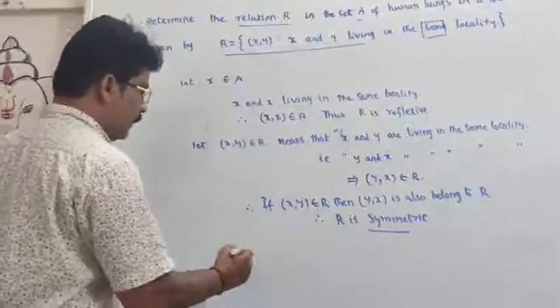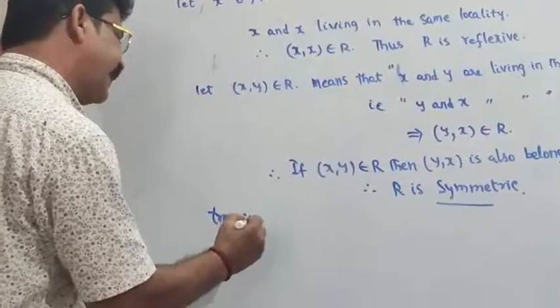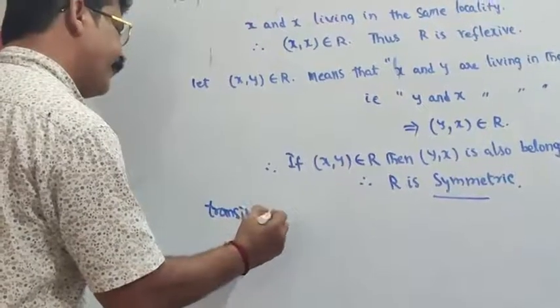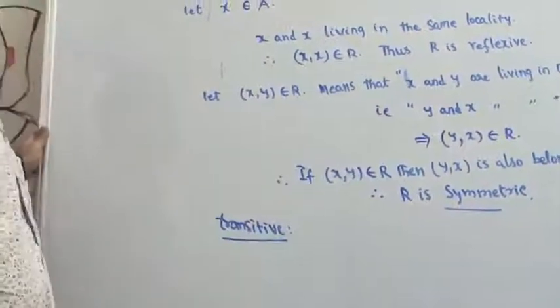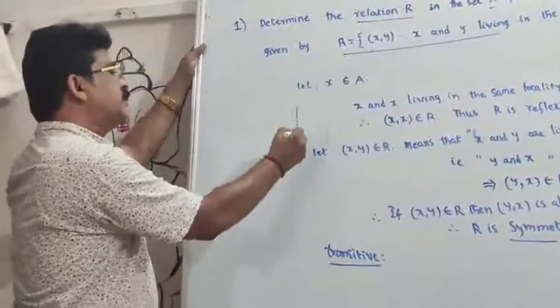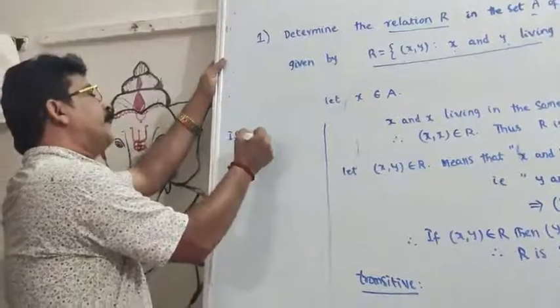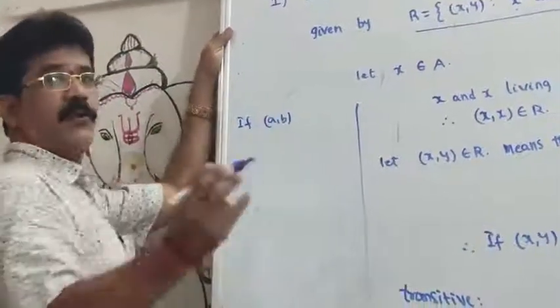Next, transitive. Test for transitivity. Actually, what is the definition of the transitive property? I wish to recall the definition once again.